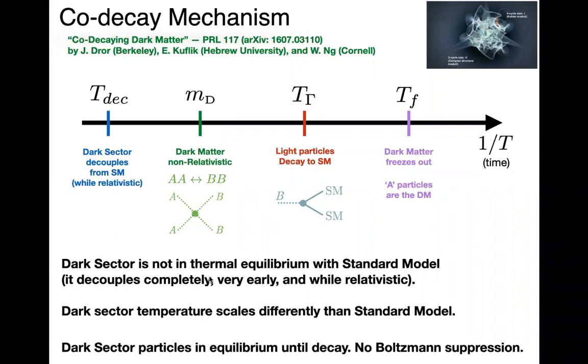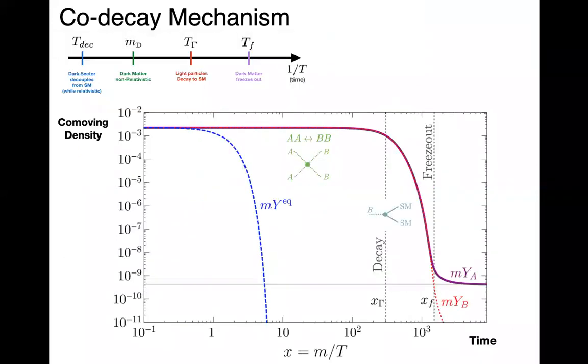So the key point is the dark sector is not in thermal equilibrium with the standard model, but it's in equilibrium with itself. So the temperatures scale differently, and the dark sector particles are in equilibrium, and there's no Boltzmann suppression. So let me try to illustrate that with the standard plot everybody's seen. So this is the co-moving density on this axis, and this is time, or mass divided by temperature.